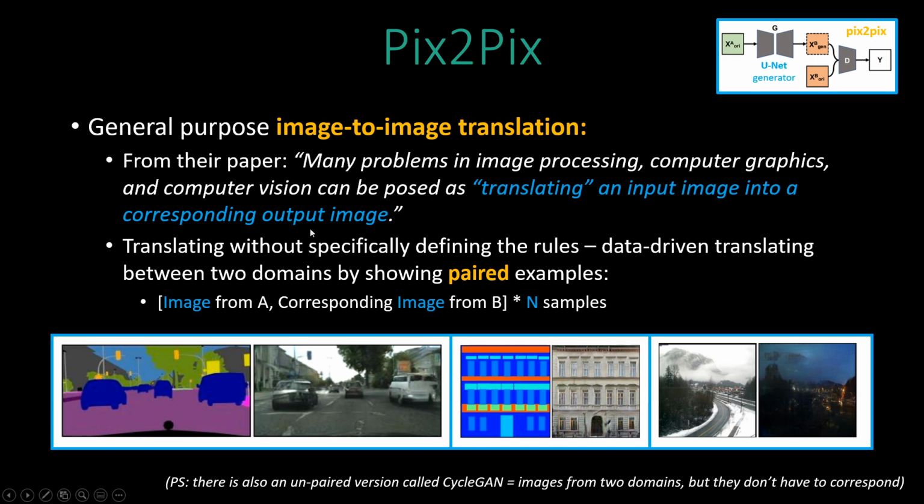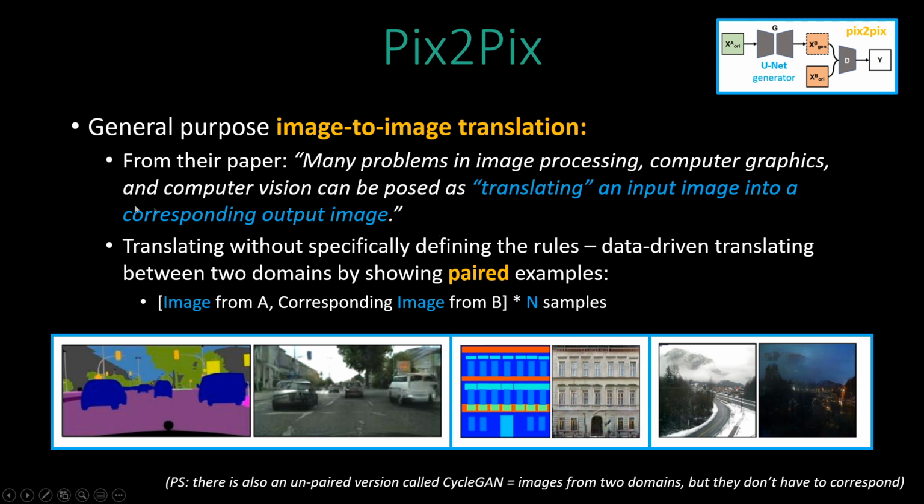This is just the first sentence from the paper, somewhere from the intro, which says many problems in image processing, computer graphics, and computer vision can be posed as translating an input image into a corresponding output image.